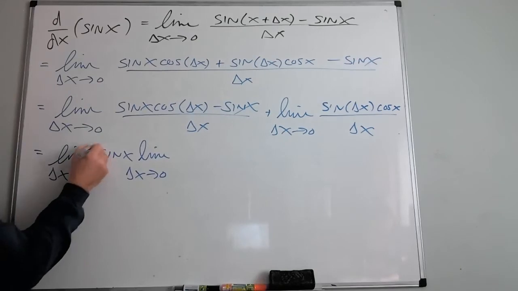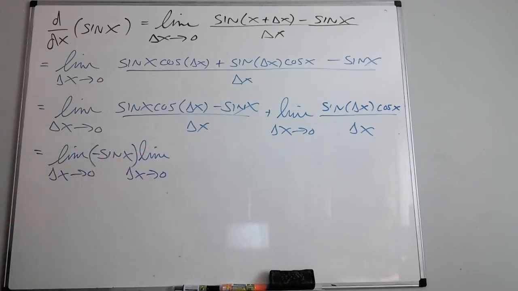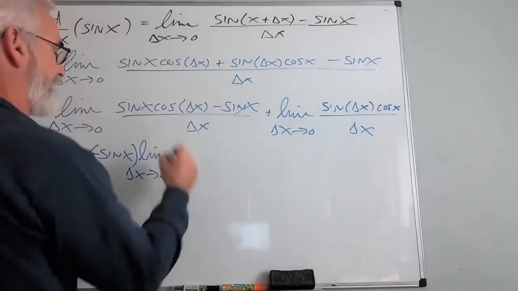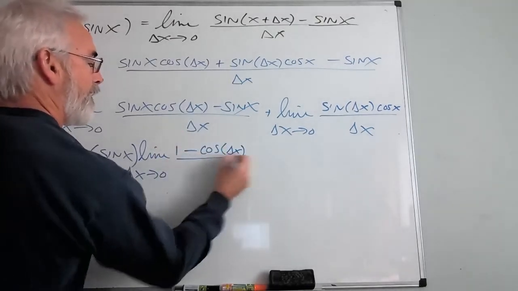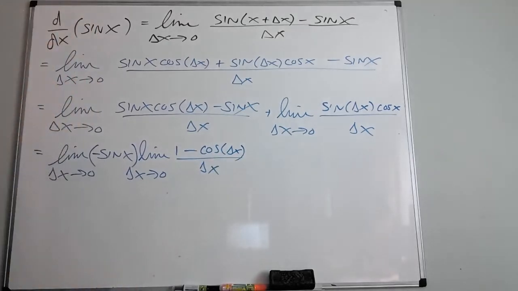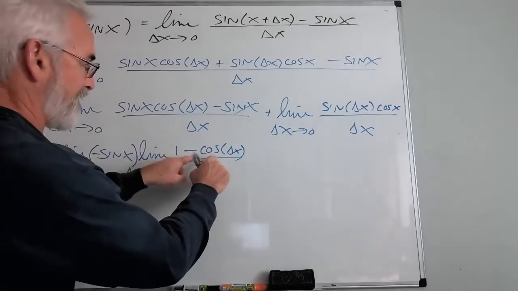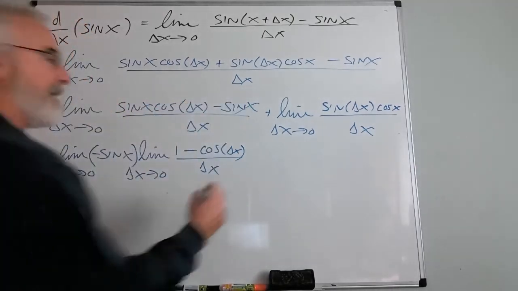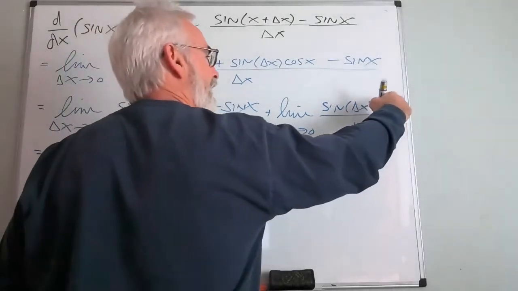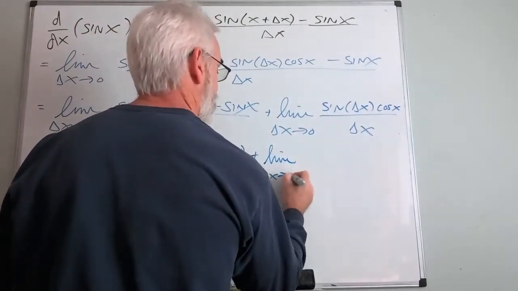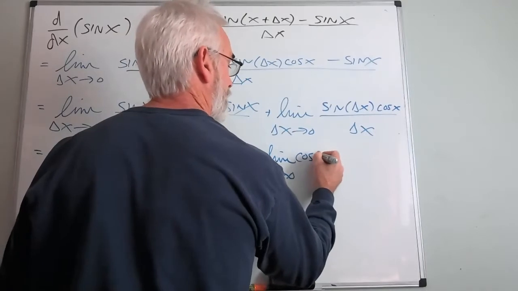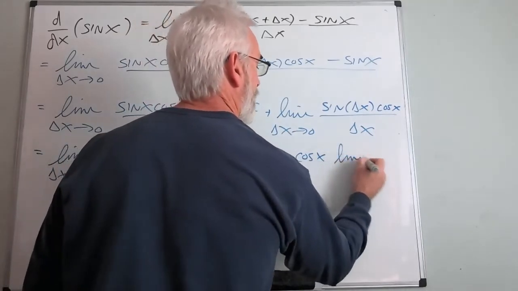I'm going to factor out the negative of the sine. Then I can switch the order of subtraction, and that will be 1 minus the cosine of delta x over delta x, which might look a little more familiar to us. So again, if I multiply negative sine into this quantity, I would get that back again. And then over here, I'm going to factor out the cosine term. It still has to be within the limit, by the way. And then multiply that by.